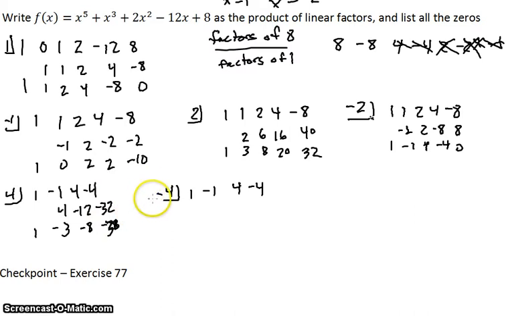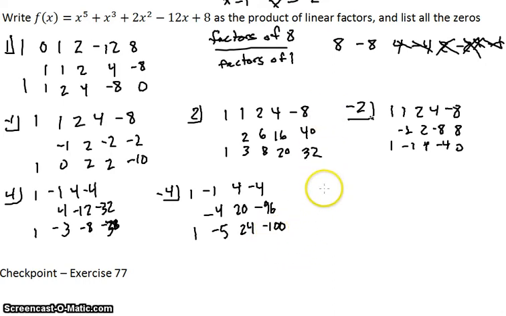So if I plug in -4, that one didn't work either. So we have 2 of them still. So we still don't necessarily know what we have for our other zeros. Okay?